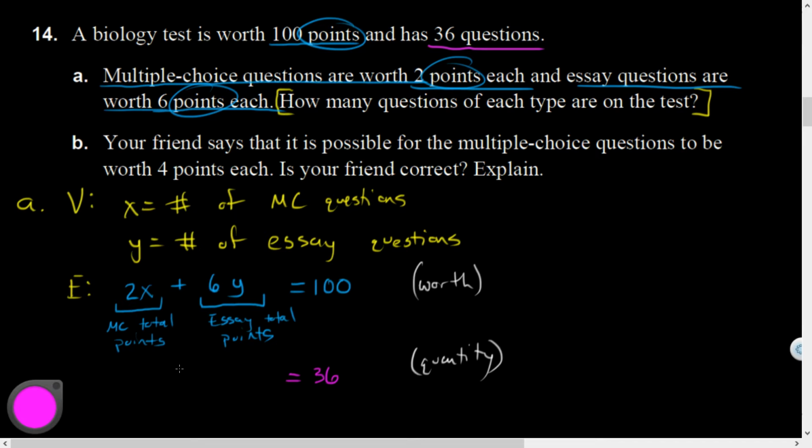You might be thinking of the answers already. Now, the total number of questions is 36. How many multiple choice questions are there? X of them. How many essay questions are there? Y of them. If I add the 2 types of questions together, that's going to equal 36.